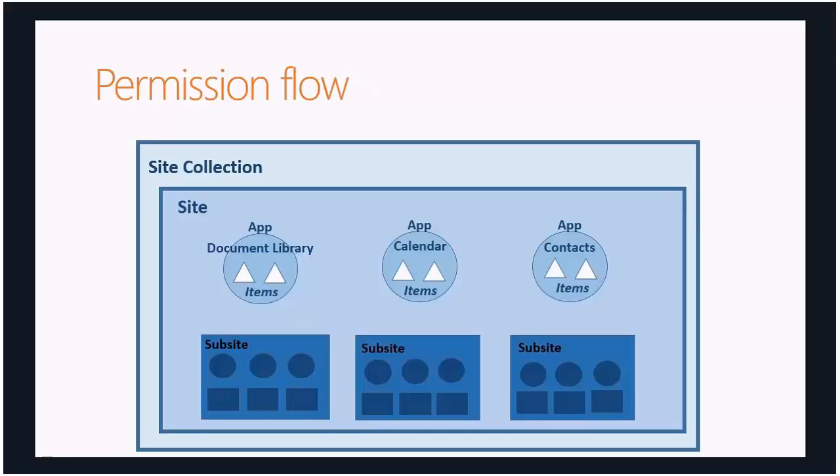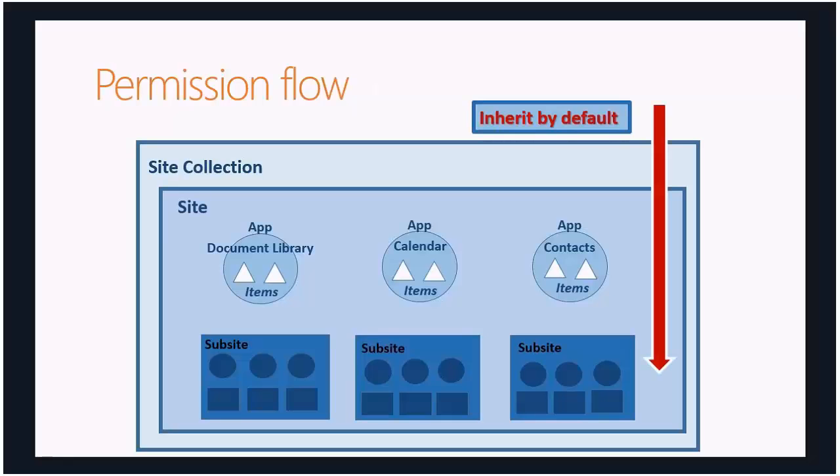Now, another important thing to remember here is, just like a file system, by default, out of the box, everything in SharePoint inherits permissions through the structure. If you make no changes to anything in SharePoint, don't change any of the permissions, the rights set at the top of the tree will automatically apply all the way down through the tree.